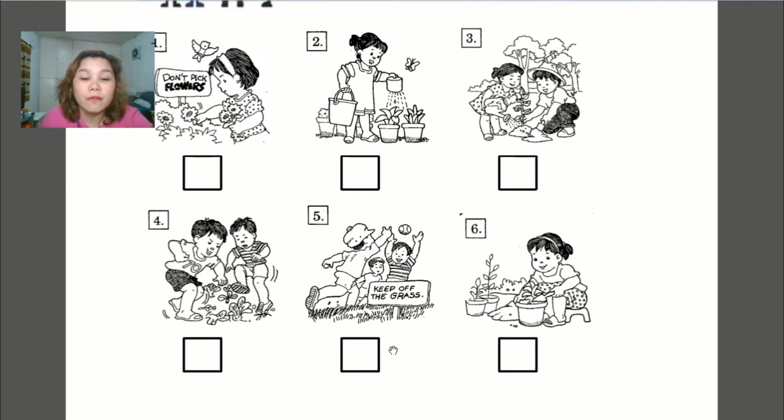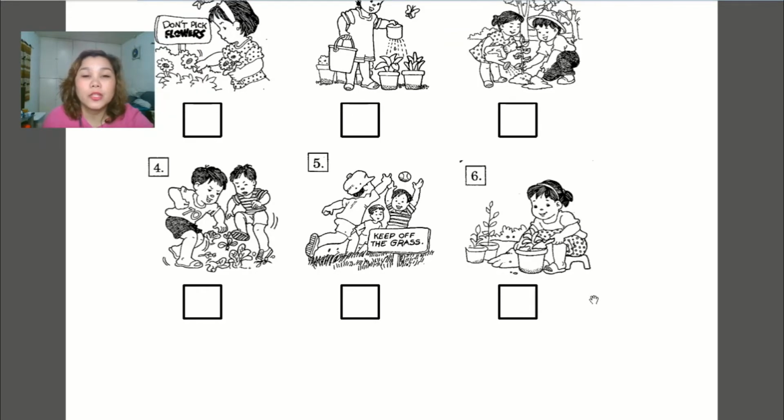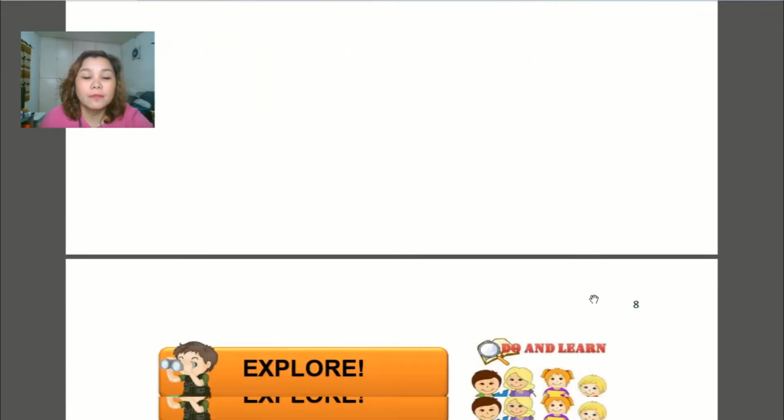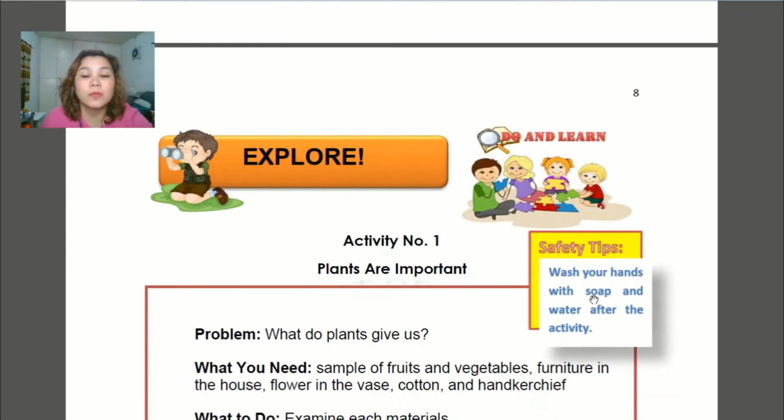Number 5, the children are playing, but there's a signage here, keep off the grass. And then number 6, planting more, in pots. So check or cross. And if you're done, let's answer explore activity number 1.